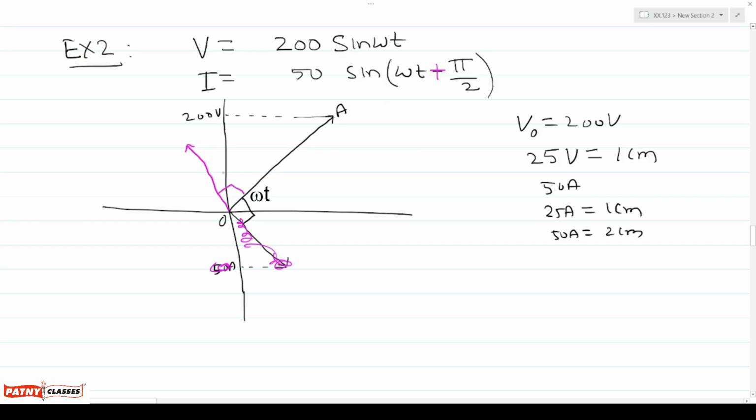So this angle is 90 degrees, and this again is 2 centimeters. So the line will shift from here to here, and this will stand for the I naught. The vector will shift. So this would be the diagram if 50 sin(omega t plus pi by 2) is given.